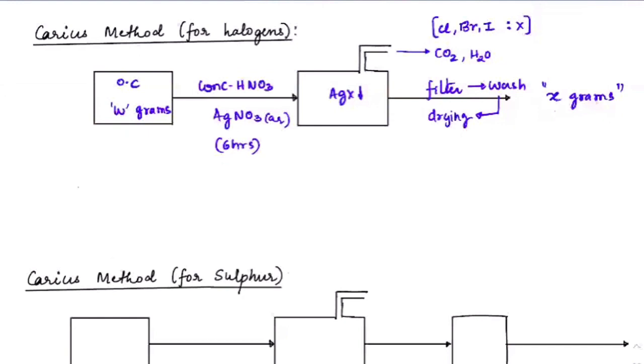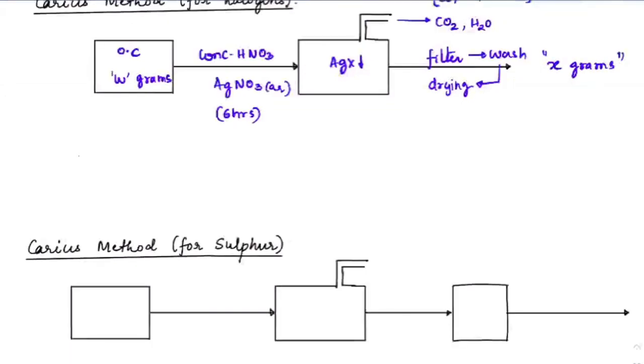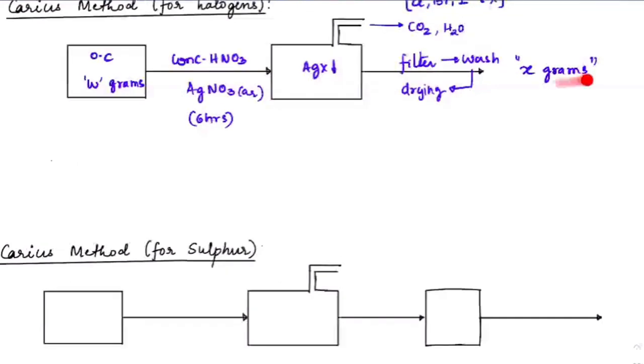That's all I have to do. Suppose it is chlorine which is present here. Now tell me how many moles of AgCl will be formed. If it is chlorine, you will have AgCl precipitate. So how much AgCl will be formed? The weight divided by the molar mass of AgCl. The weight of AgCl is X grams, and the moles will be X by 143.5.